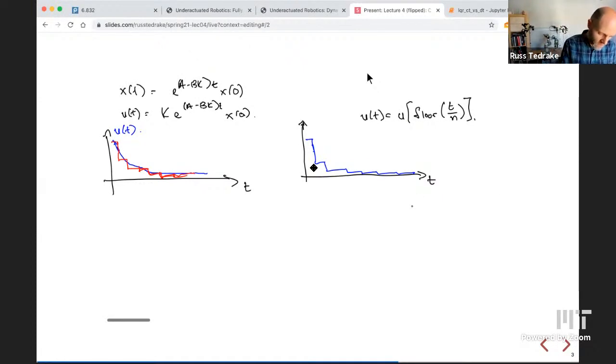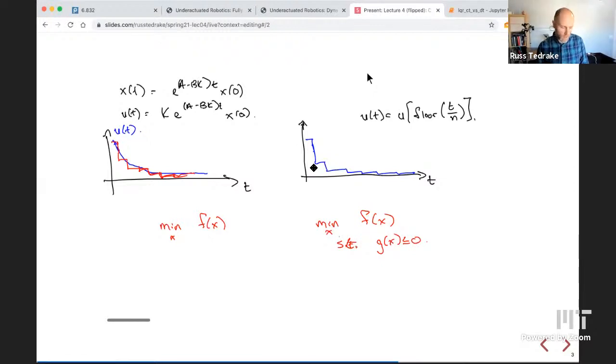And in general, if I have an optimization problem, min over x of f of x, and I compare that to the same optimization problem subject to some constraints, then always the optimization problem on the left will have a minimum cost that is less than or equal to the one on the right.